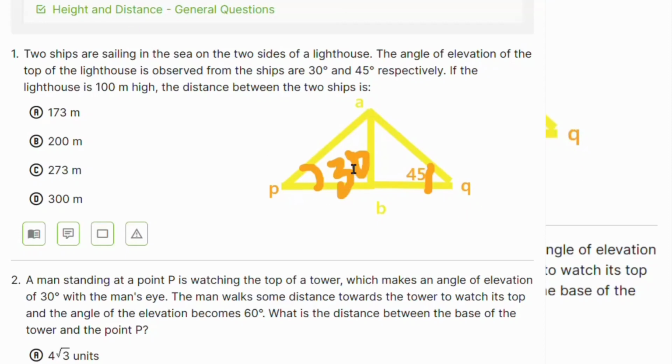So we have to find the distance between P and Q. The height of the lighthouse is 100 meters. By taking tan 30 degrees here, we will get the PB distance, and by taking tan 45 degrees, we will find the QB distance. So we will check the explanation.